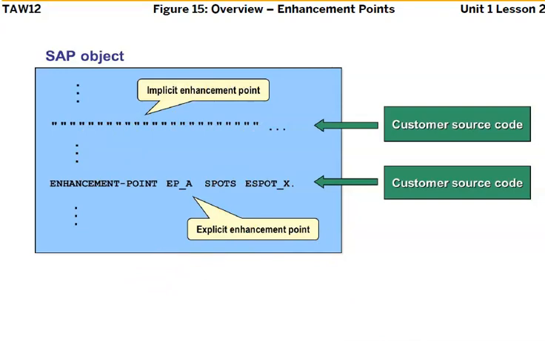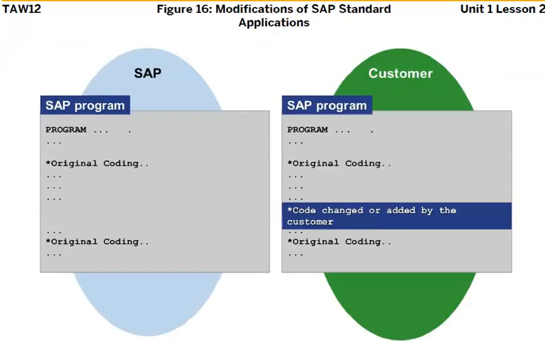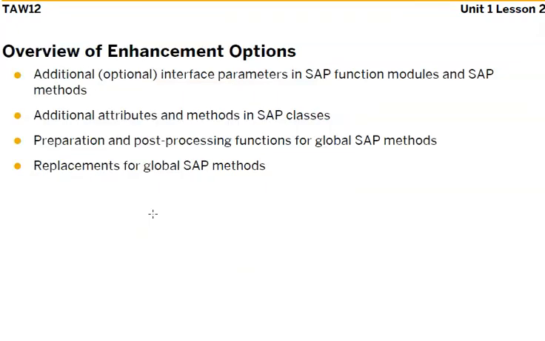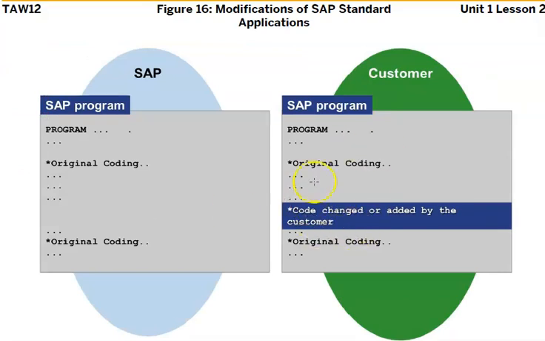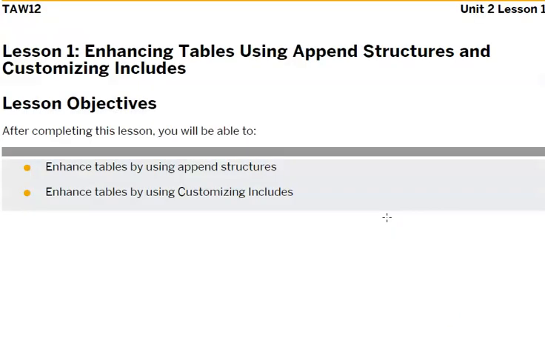Enhancement points, wherein we can actually add the customer source code. Overview of enhancement options. We can actually go into a standard program, search for this enhancement point, and then get into it, and you can add the code there, only inside the enhancement point, and then we can actually develop it.